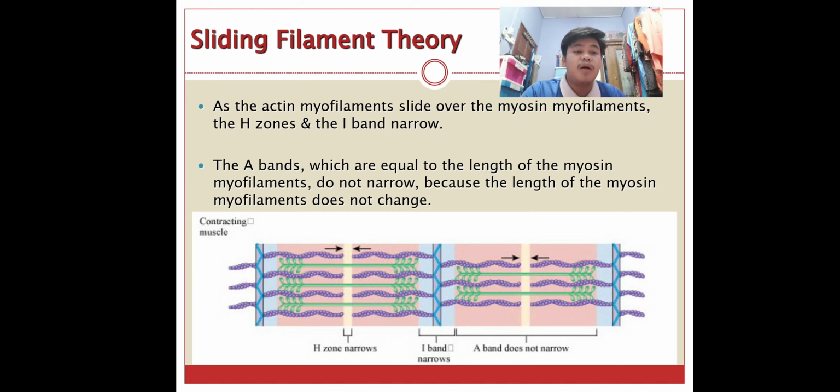At the same time, the A band, which is equal to the length of the myofilaments, does not narrow because the length of the myofilament does not change.